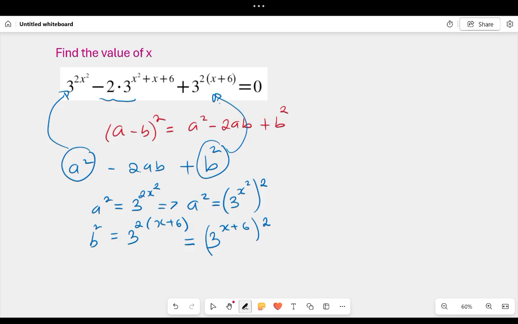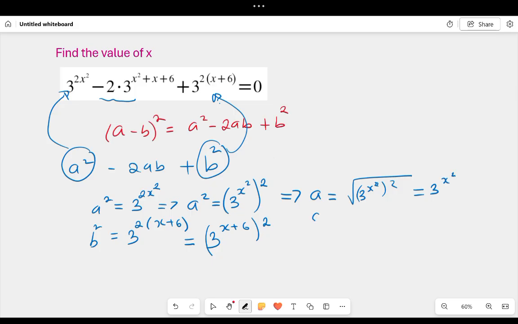Now, our next step for each of these, if I need to get a, it is simply going to be the square root of 3 to power x squared, then to power 2, which is finally going to be, our a is 3 to power x squared.